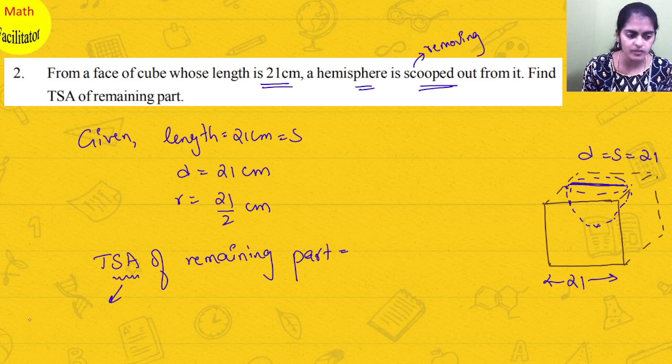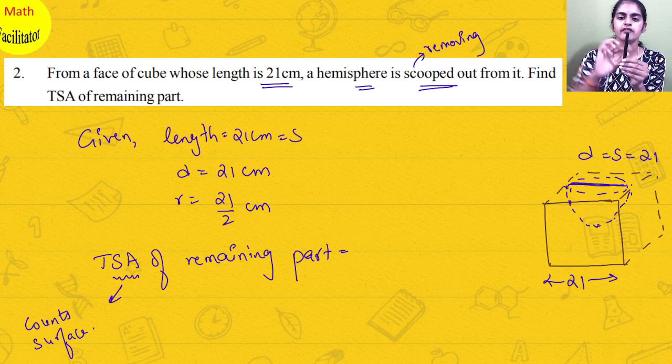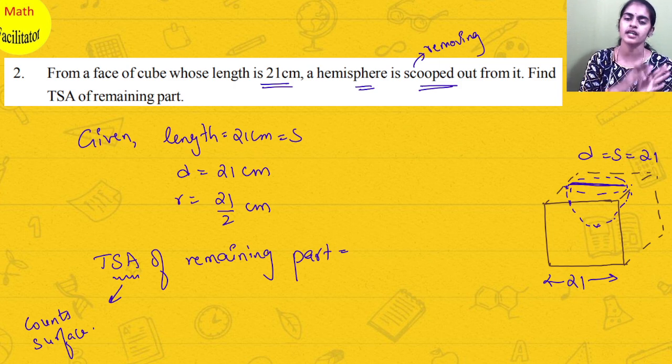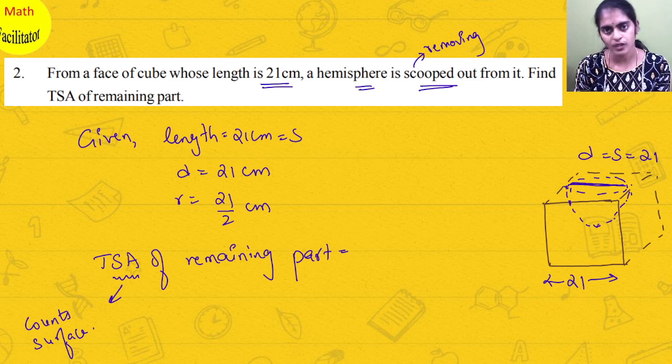Surface area means which you can see on the surface. Okay, if I want to find the surface area of this pen, I have to find whatever I am seeing outside, whatever I can see outside, that is called surface. Whatever is inside is not called surface. Whatever is outside is only called surface. Is it very clear now? Okay, so whenever you're talking about total surface area, you will count all the surfaces whichever you can see.